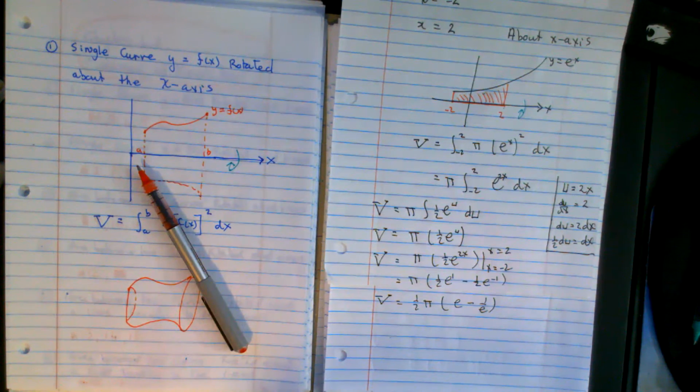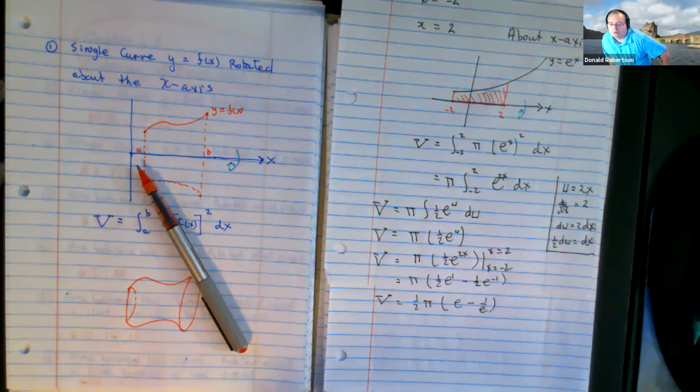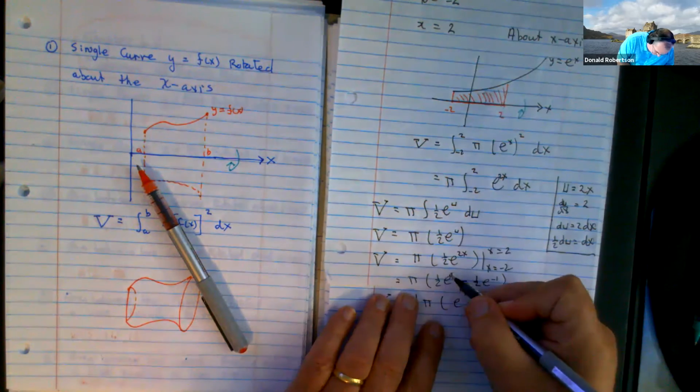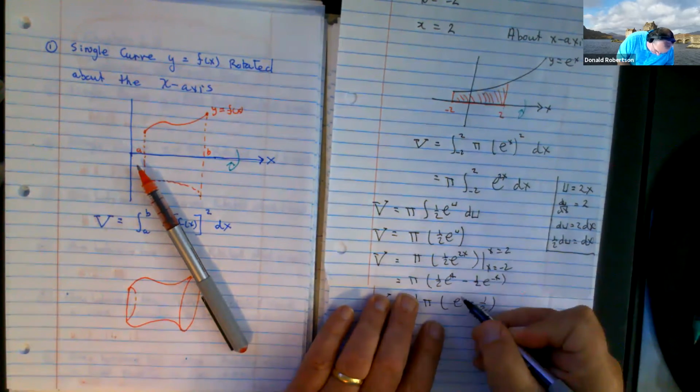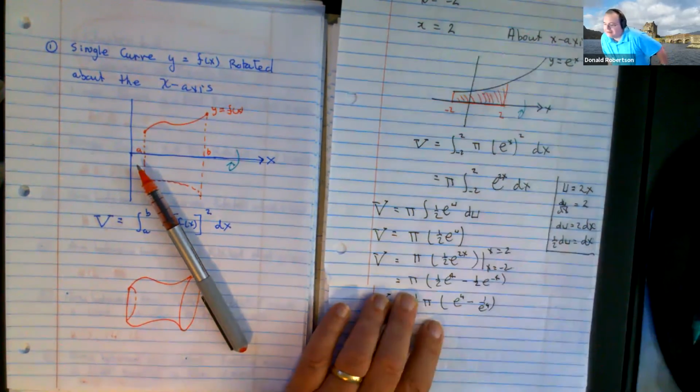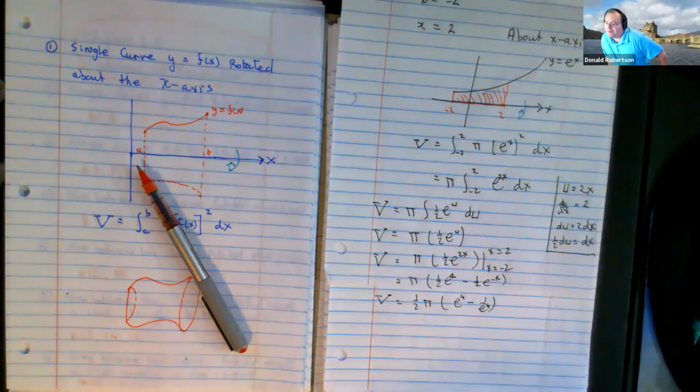Wait, on this one, is it e to the 1 or e to the 4 when you plug in the values? Oh, yes. Well caught. Did you all catch that deliberate mistake? You know I'm lying when I said that's a deliberate mistake.